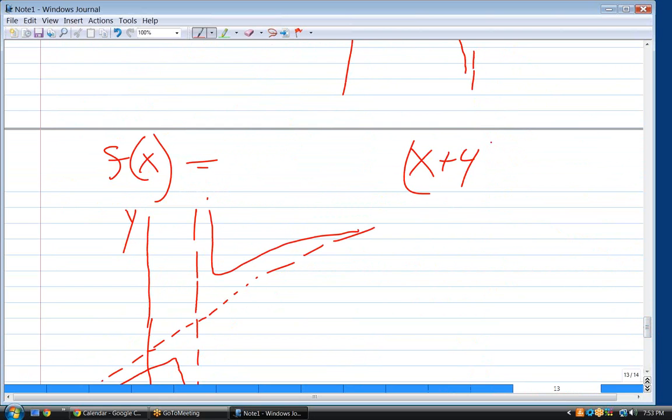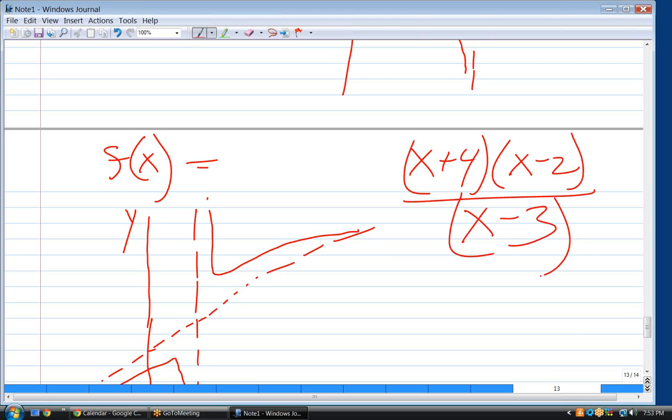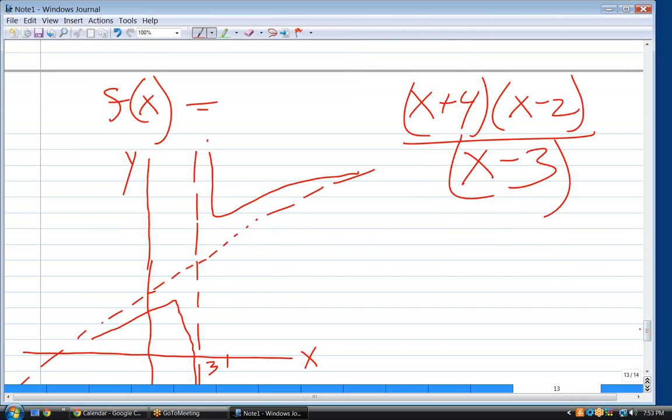X plus 4 times x minus 2 all over x minus 3, correct? What is my y-intercept? Your y-intercept is 2 over 3. No, it's not. 8 over 3. Okay. Which is, we'll just leave it as 8/3. So this point right here is 8/3 on the y-axis.